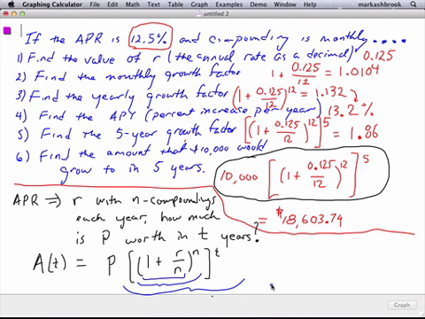What do you get? Because that's the annual rate. So this is writing false answers.